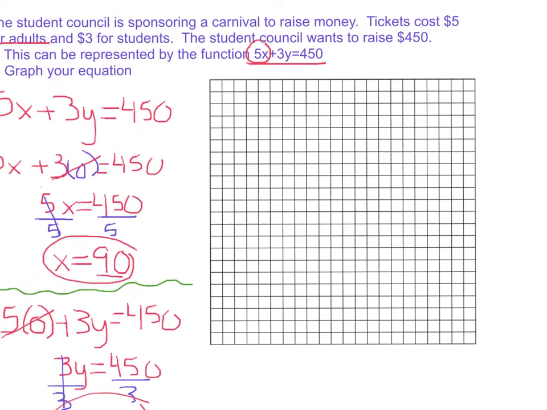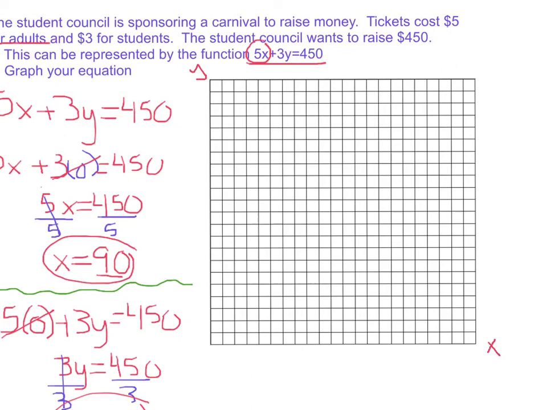So to graph this equation, we need to graph the two intercepts. We need to plot 90 on the x-axis and 150 on the y-axis. But that means we have to label our graph, and we can count each unit as 10.